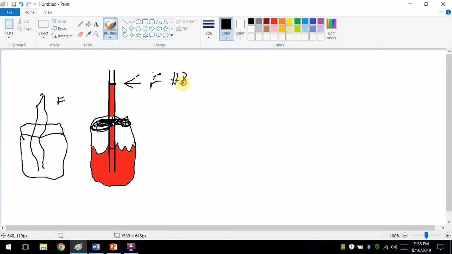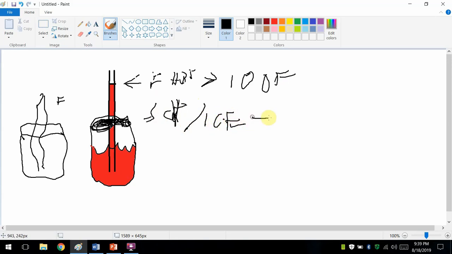Human body temperature, he called 100 F. And he called a salt and ice mixture 0 F. This is like what you use to make ice cream with a crank ice cream maker.